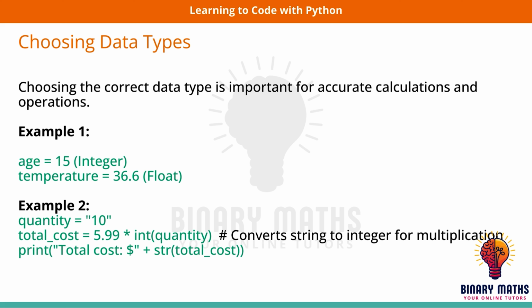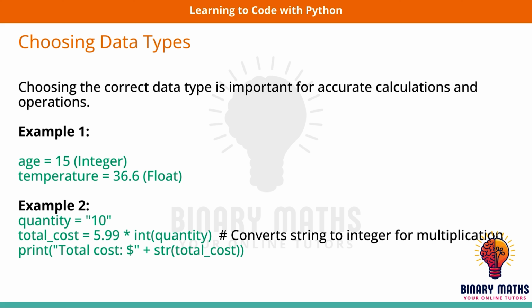Let's consider another example. If we take quantity, for example, where we had 10, so quantity equals 10, total underscore cost equals 5.99, multiplied by, so the asterisk symbol there is multiplied by int, which is integer, and then within our brackets we write quantity.